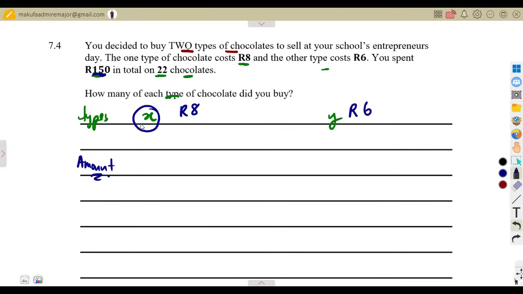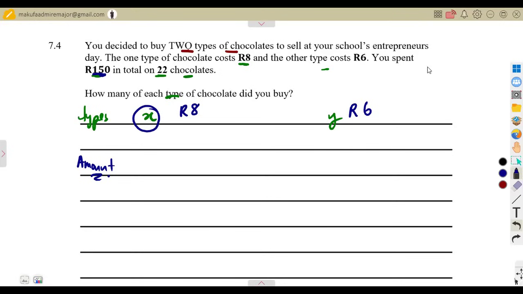The amount you're going to spend is 150. Each one costs 8. How many are we having? We do not know, but we know they are represented by x.